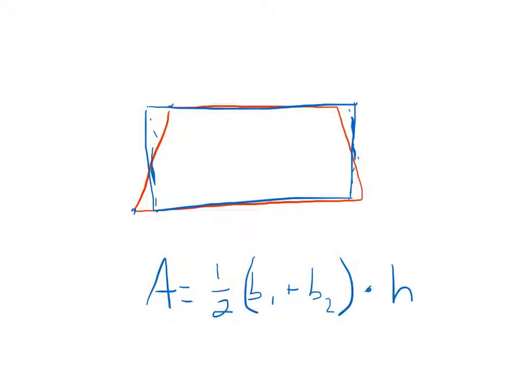So therefore, we can confidently say the area inside this blue rectangle is exactly the same area that's inside this red trapezoid. We take the average of this short side and this long side, so base 1 and base 2, times the height. So let's do that with one here.